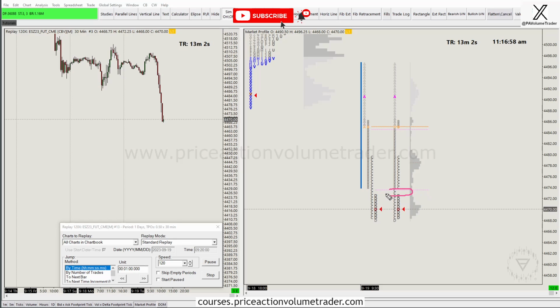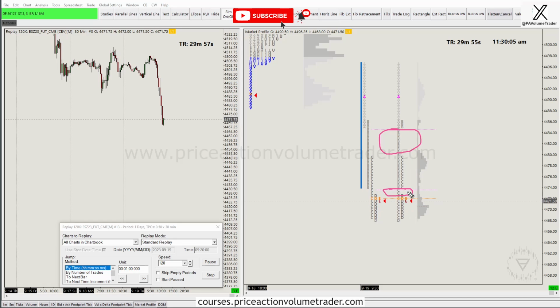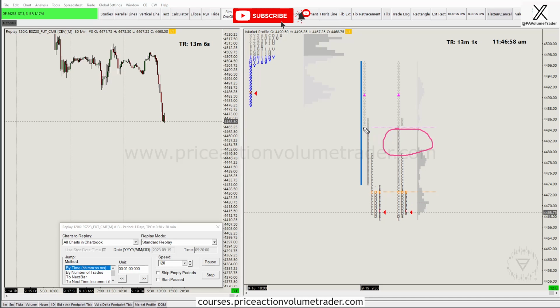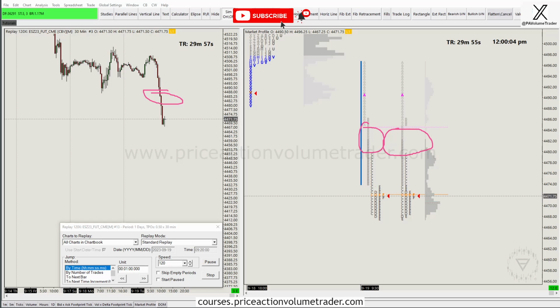And you can see right here we have some gaps, some singles where price has not traded back through. We have a single time period. Now we just closed this single right here. We still have a single here on the B period. You can see we had an impulsive move down here, which has not been filled back up.